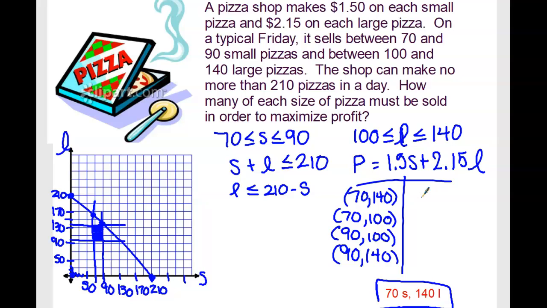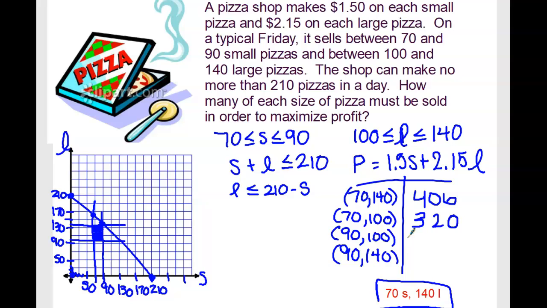So you would take 1.5 times 70 plus 2.15 times 140, and you get 406. Similar but different, you take the 1.5 times 70, but now 2.15 times 100. So we know we're going to make less money selling fewer large and the same number of small.